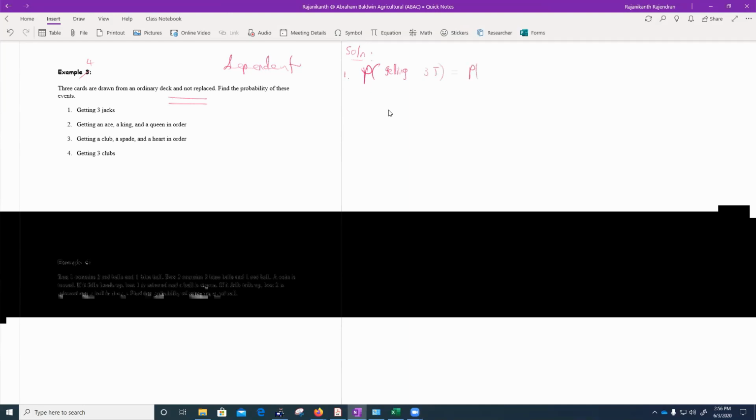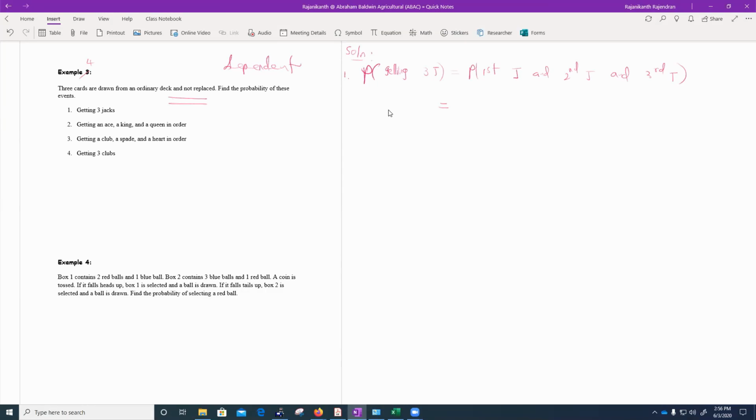That means the first card is a jack, and the second card is a jack, and the third is also a jack. So now let's find them one by one. What is the chance of getting a jack in the first drawing? Remember, there are 4 of them out of 52. But now, what is the chance that the second one is a jack?